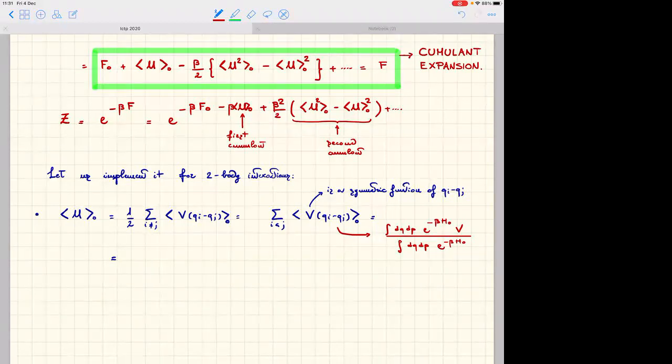You see that? Because it's going to give us essentially the integral over dp of e to the minus beta H naught, which is p squared over 2m. And therefore, this integral is just normalized out. What I obtain is that this is equal to the sum over i smaller than j of the integral dqi dqj divided by the normalization, which is just the volume squared, of V(qi minus qj).